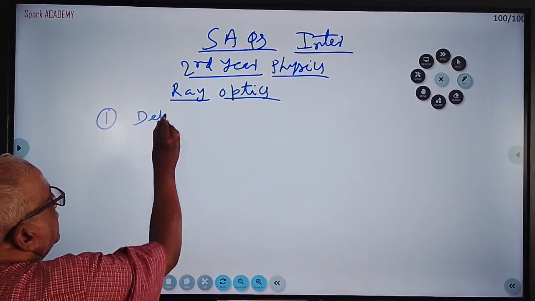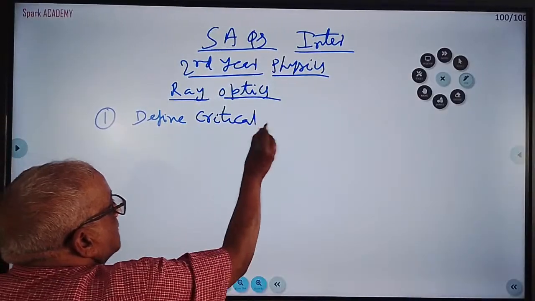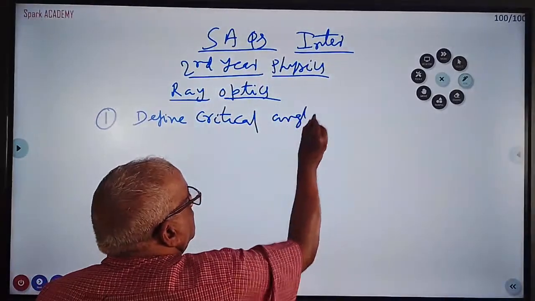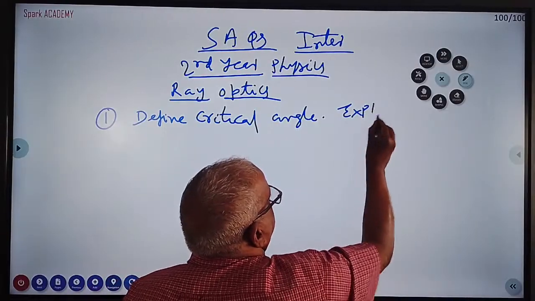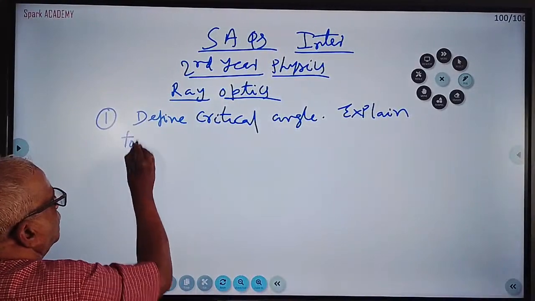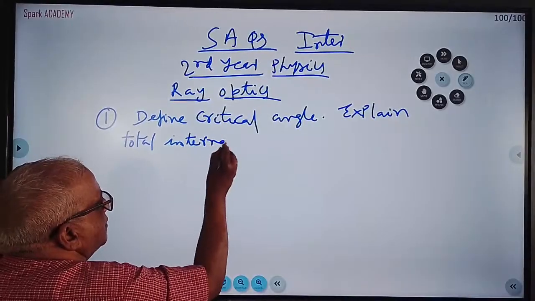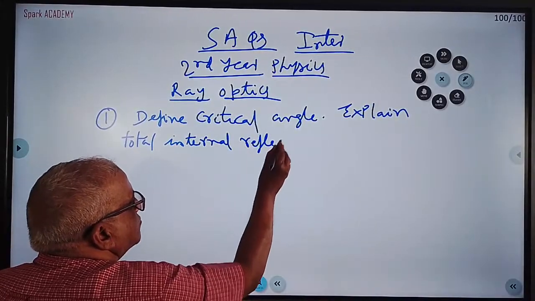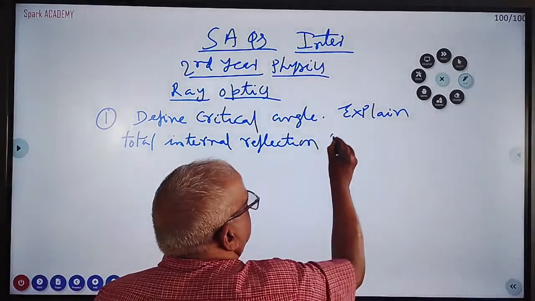Define critical angle. Explain total internal reflection with a neat diagram.